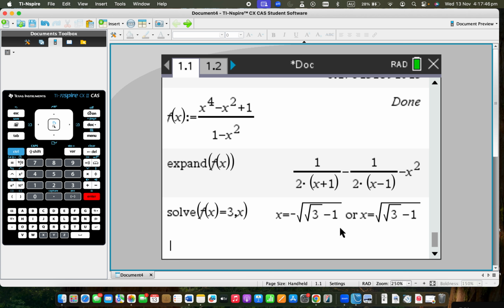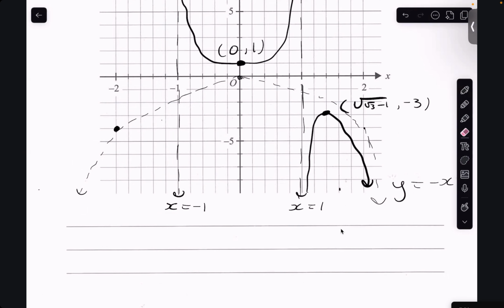So that's root 3 minus 1, -3, and this one here is, sorry, it should go through 3.